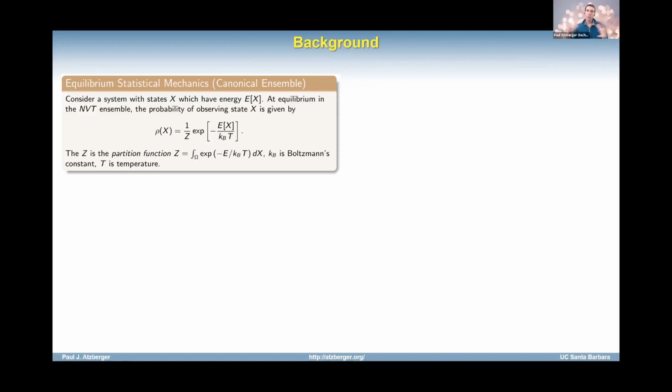And so if you want the system to correspond to the thermodynamic conditions of constant number, constant volume, and constant temperature, it's going to have the following probability distribution associated with it. Basically, you pick the probability distribution which maximizes the entropy subject to those thermodynamic constraints.